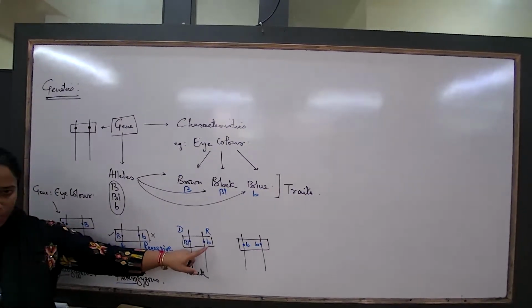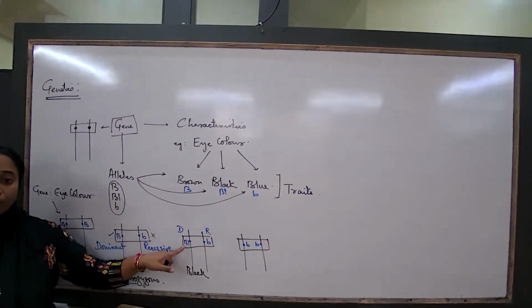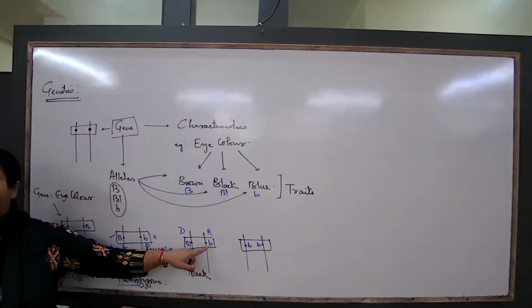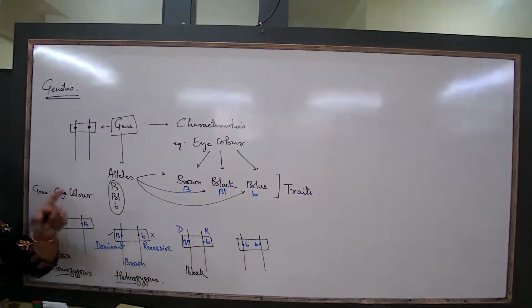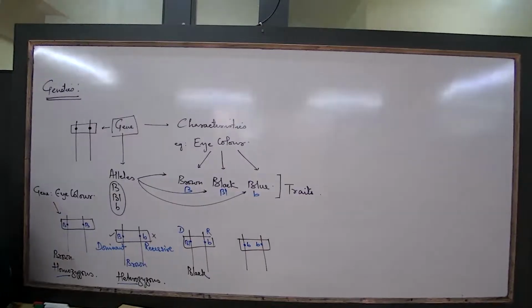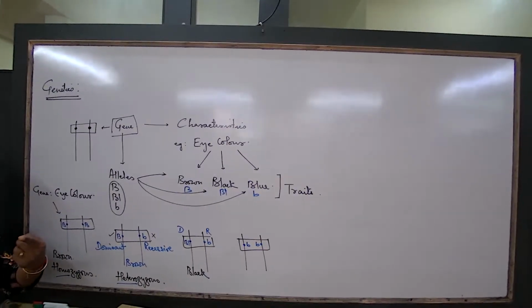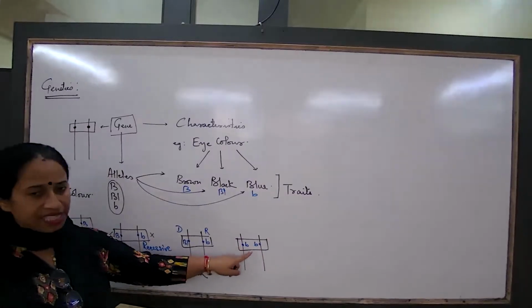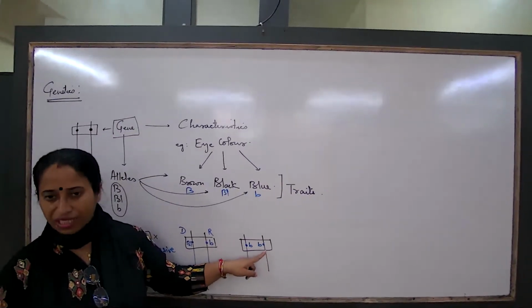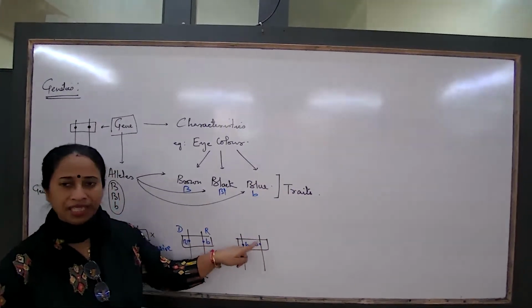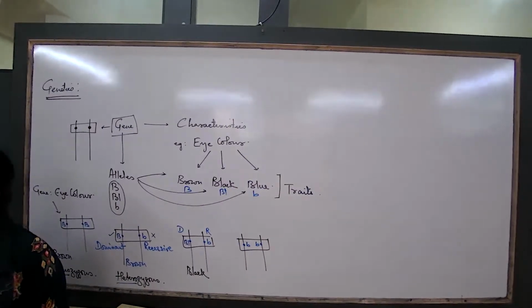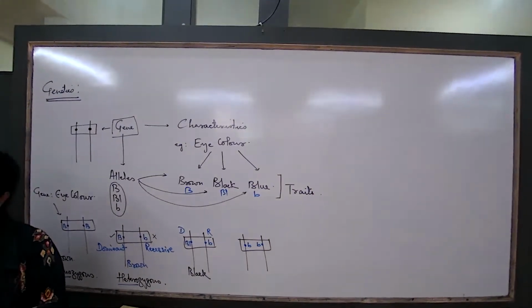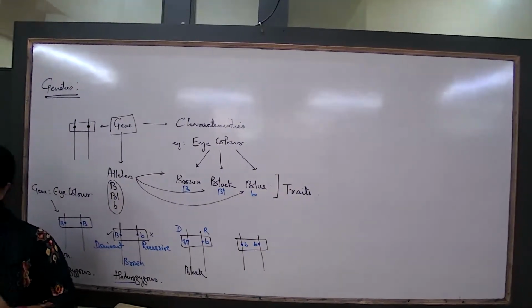But is small b expressing when it is in presence of a contrasting allele? No, because this is a less or least powerful allele. Whenever it is present with another allele, it gets suppressed, it does not express. So such types of alleles are always known as recessive alleles. These alleles will express only when they are exactly in identical forms in both the chromosomes of the parent.